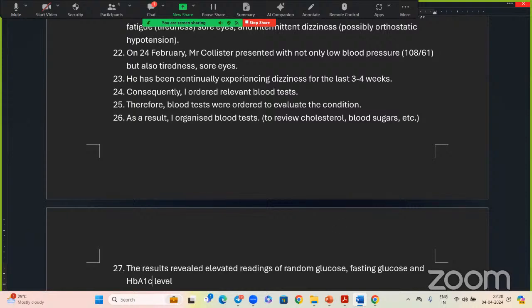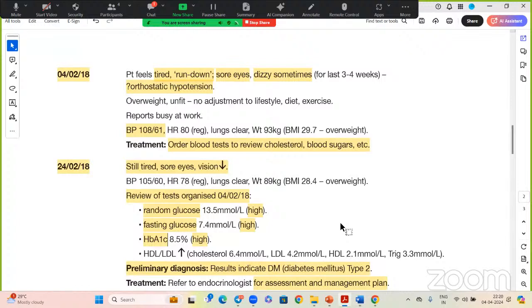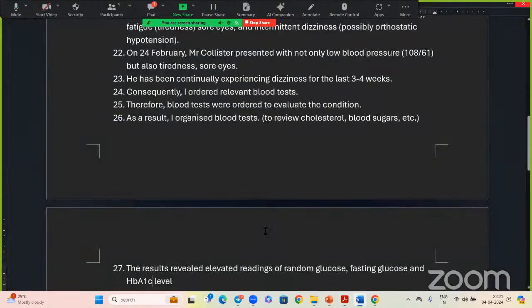HbA1c levels. We'll write plural, three things, right? Random glucose level, fasting glucose level, and HbA1c level. So remove the word three levels and write levels at the end. The result revealed elevated readings of random glucose, fasting glucose, and HbA1c levels.